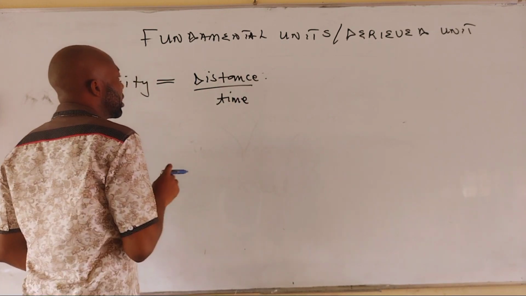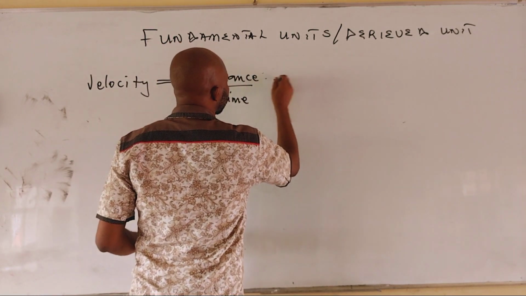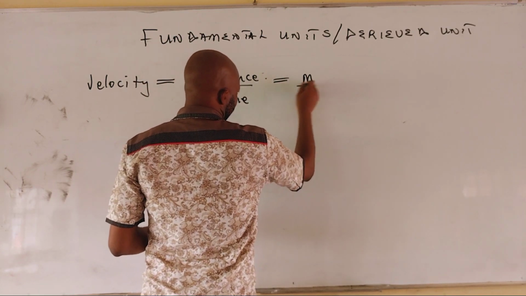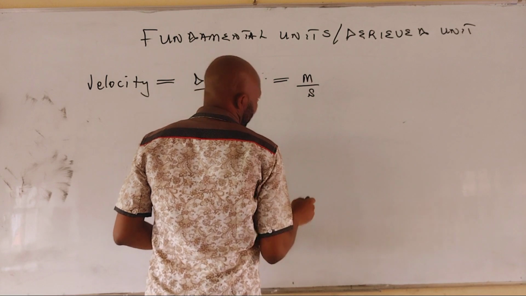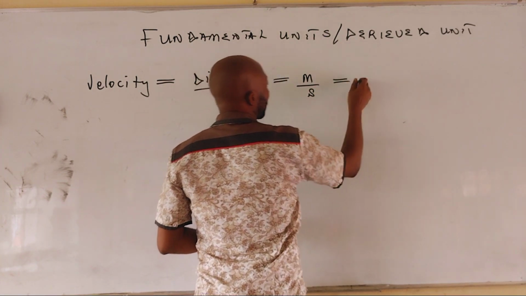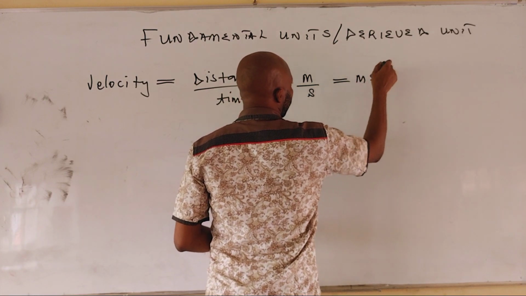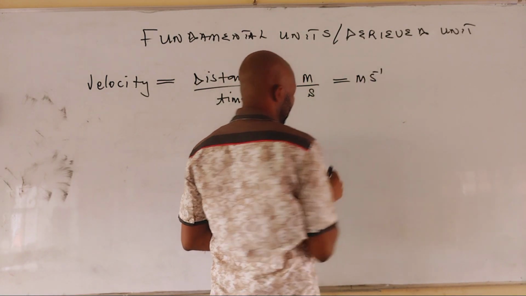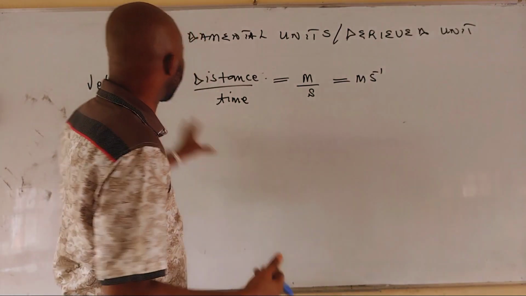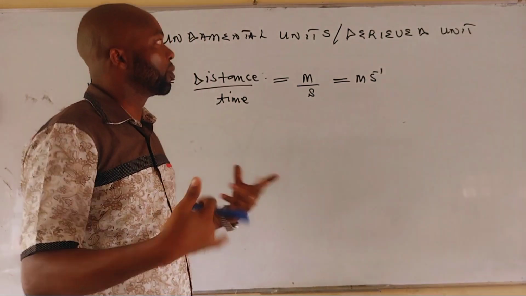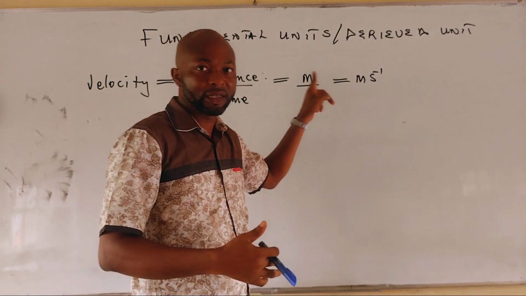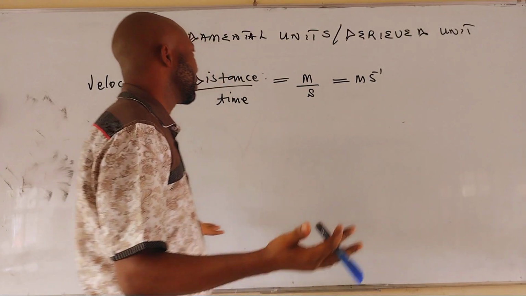Now, the unit for distance is meters, so we have our m, and time is in seconds. If I take the seconds up, I now have meter per second. So it's either this or this. By this, we're able to derive the unit. Velocity was achieved through the fundamental units, which are meter and time. That is how we get there.